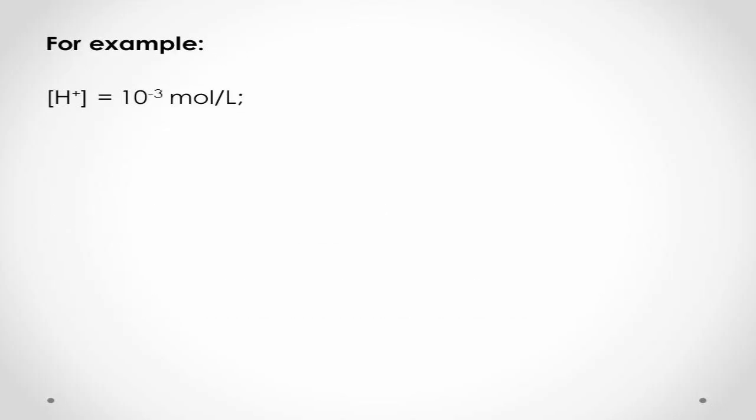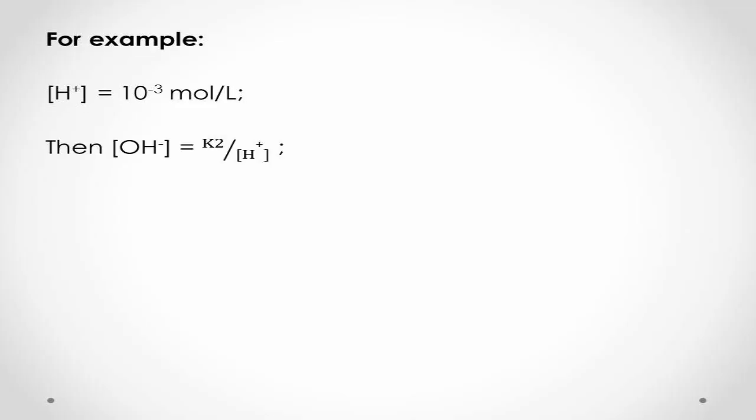For example, suppose the concentration of H plus ions is 10 to the minus third mole per liter. Then, using the ionic product of water equation, the concentration of OH minus ions can be expressed as the ratio of the constant, the ionic product of water, to the concentration of H plus ions.